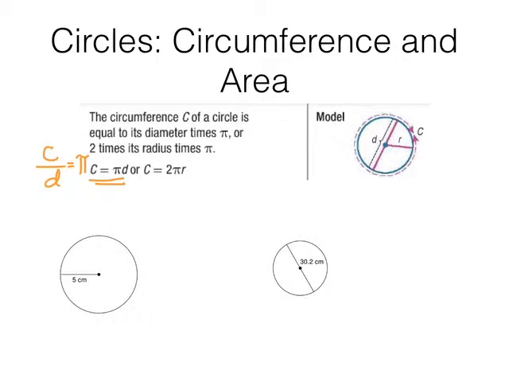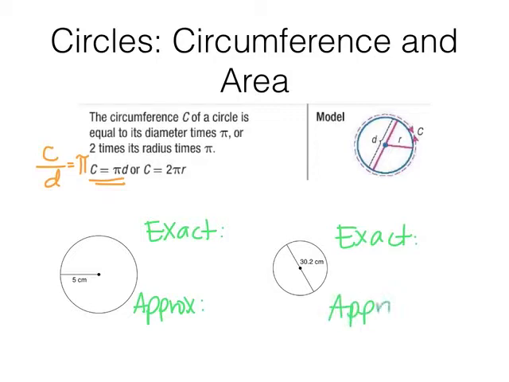Now we're going to have the difference here with these problems between exact and approximate answers. Okay, so we're going to find exact answers, and then we're going to find approximate answers. All right, so what do I mean by that?